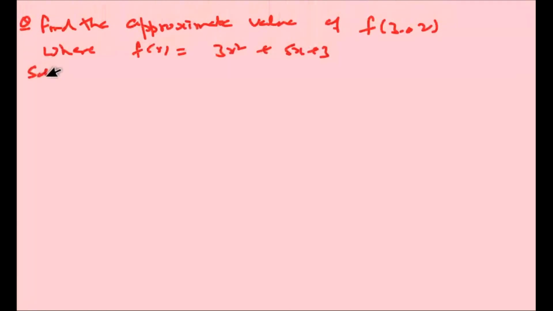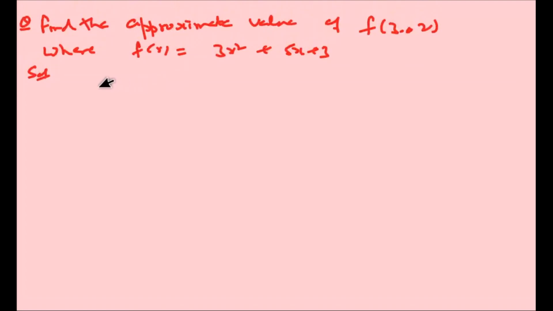Now you can see it is not given in the question to differentiate, but you have to use the derivative. If you put directly 3 here, it will be easier, but if you put directly 3.02, the calculation is not easy.